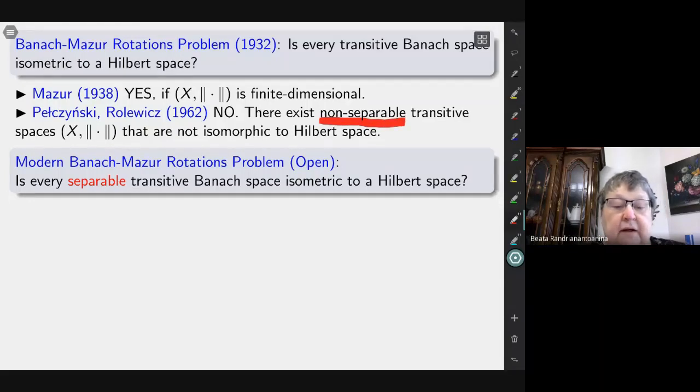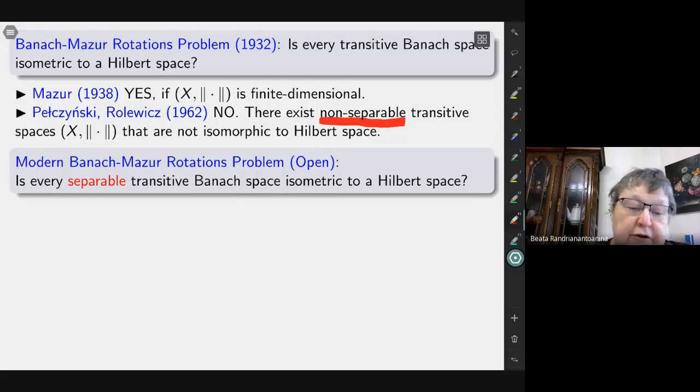The way they did it is they used ultraproducts of L_p spaces. It is known, so I will maybe mention it in a moment when I introduce the definitions introduced by Pełczyński and Rolewicz. So let me first say what is the modern Banach-Mazur rotation problem, which is open.